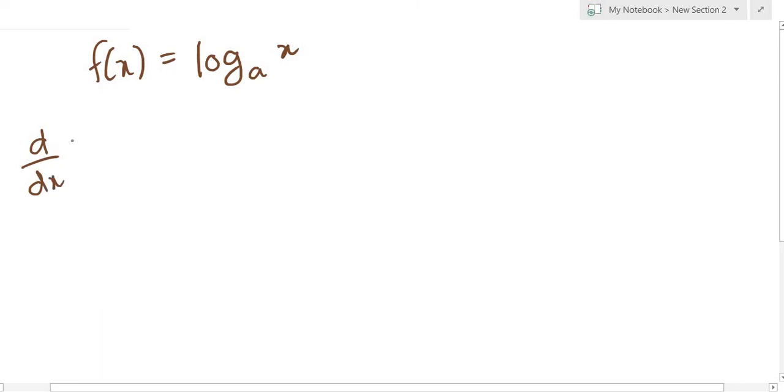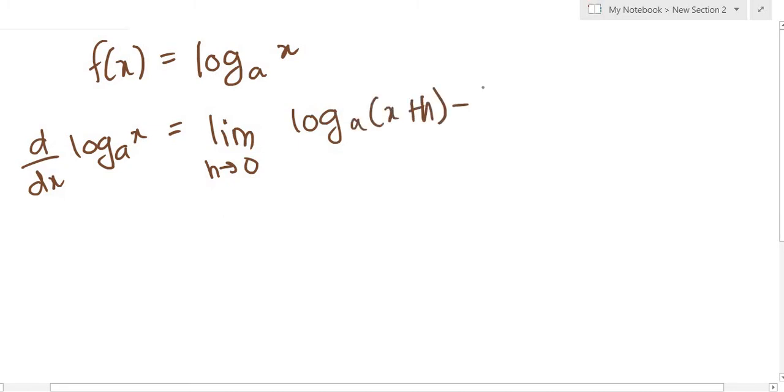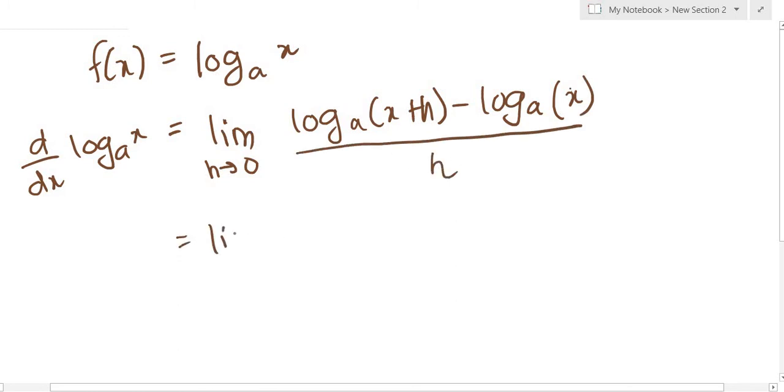So d over dx of log to the base a of x is the limit as h goes to 0 of log to the base a of x plus h minus log to the base a of x all over h. Again, see the identity before: log of a minus log of b is equal to log of a by b. That holds for any base.